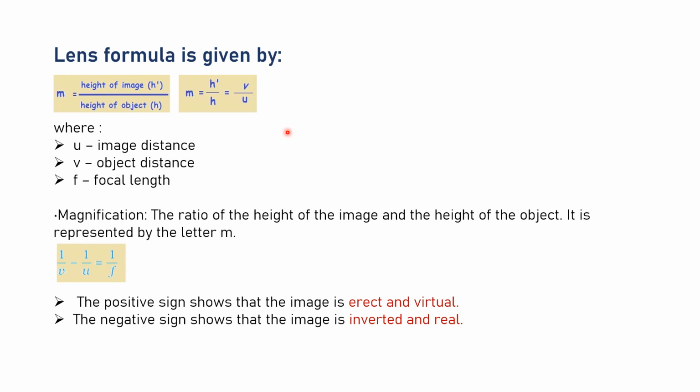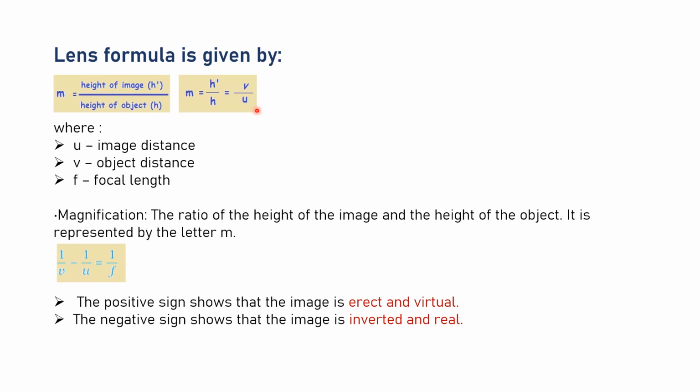This lens formula is similar to the lens formula in the mirror, but the only difference is a sign difference in this, right? So m is a magnification, right? Magnification is a ratio between the height of the image and height of an object, right? And here m can also be defined as v upon u.